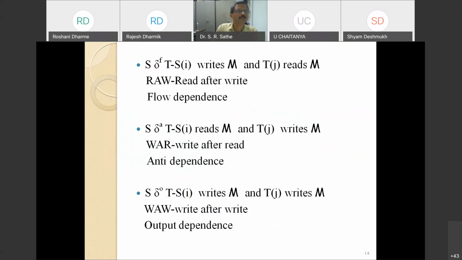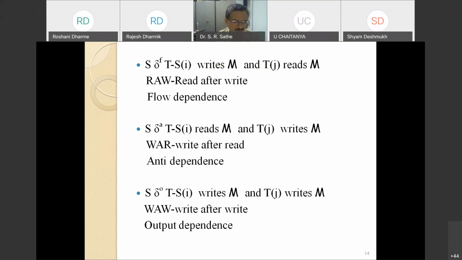a few slides. We are here. So S delta, and we write small f as superscript, T. Si writes M and Tj reads M. That is precisely what we saw right now. So Si means the index variables, right?